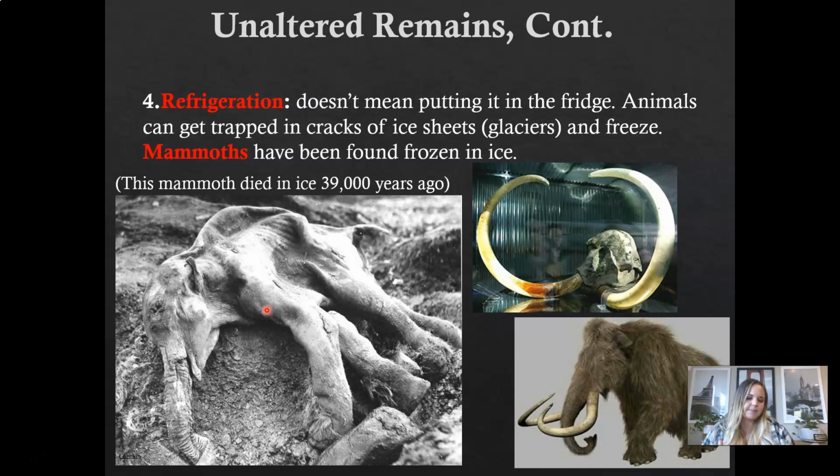So some mammoths have been frozen for thousands of years. And this is a particular baby mammoth that died about 39,000 years ago that they found fairly recently. And it was almost fully intact. Some of its fur was still there. So refrigeration is actually a really good form of preservation in a lot of species.